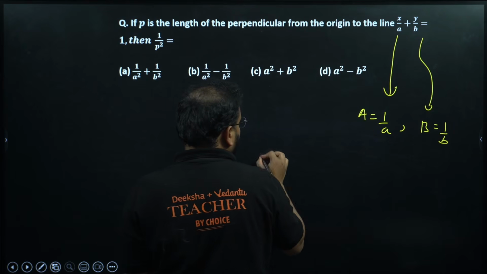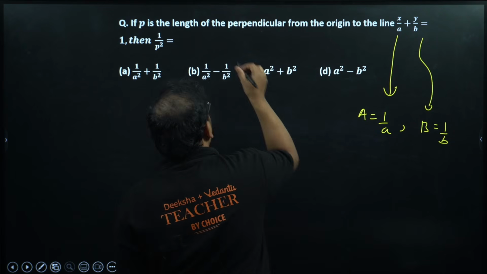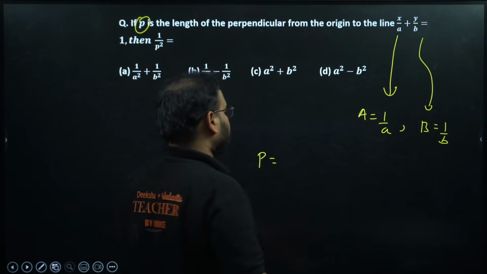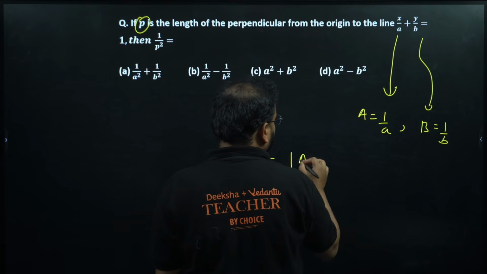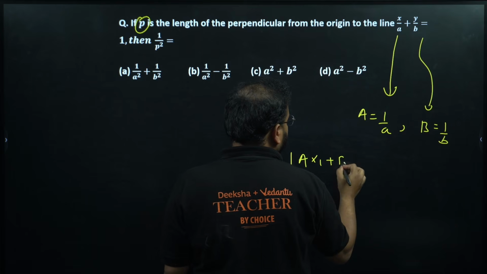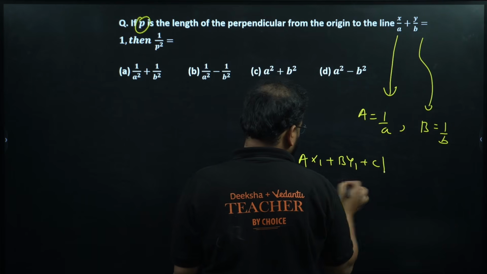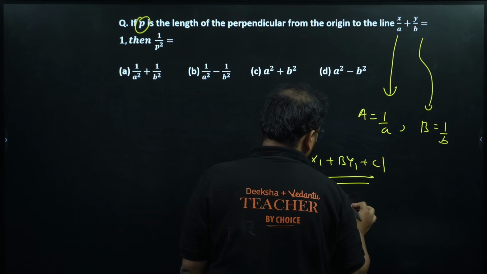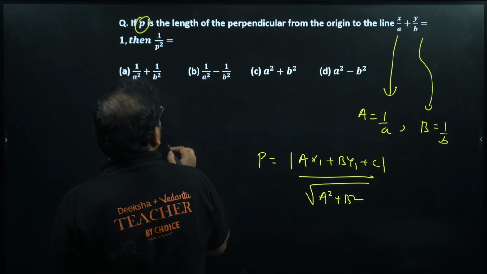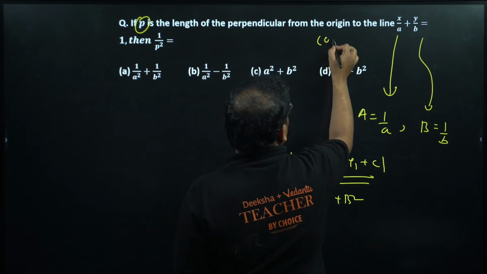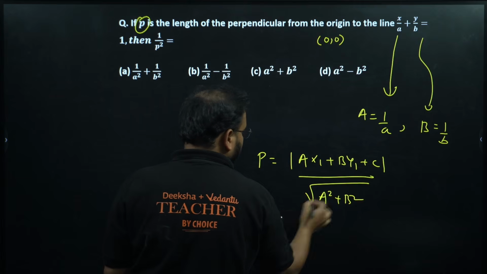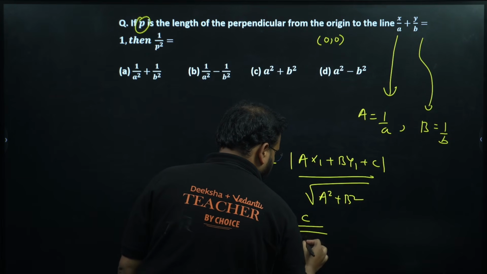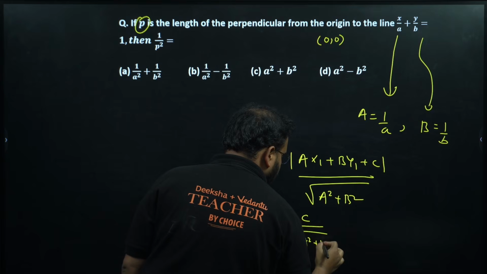The perpendicular distance is given as P. We have A x1 plus B y1 plus C upon root of A square plus B square. X1, y1 is the origin, means 0 comma 0. I'll have only C left, so C upon root of A square plus B square.